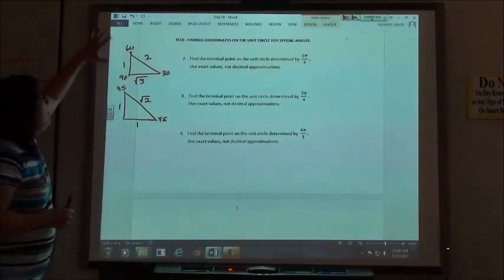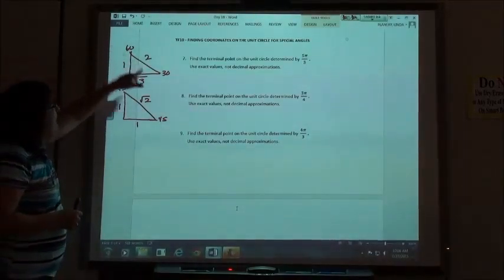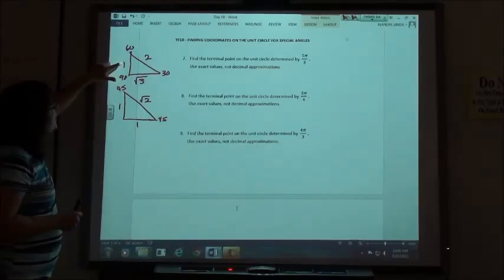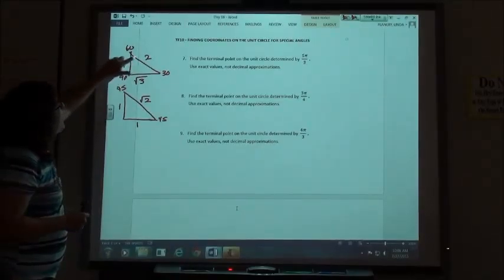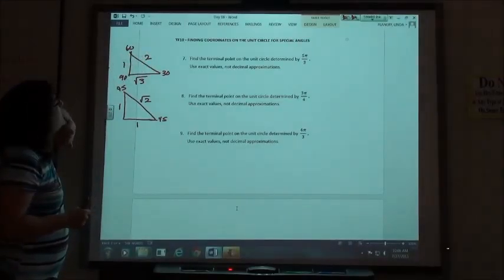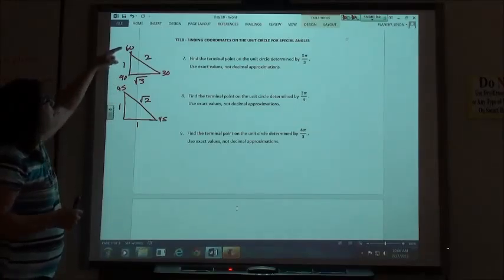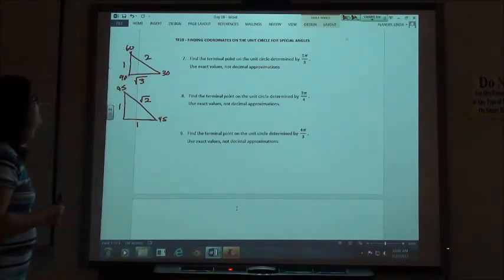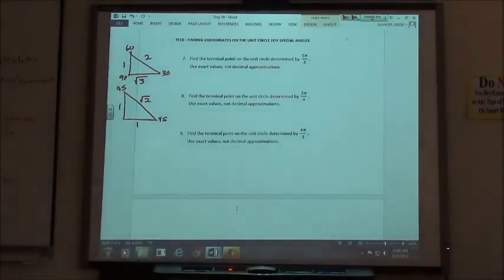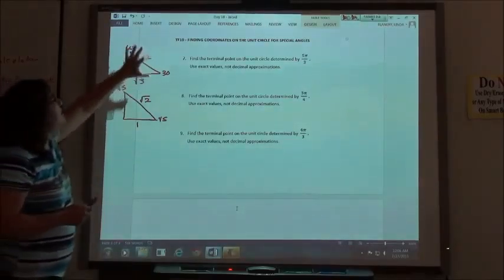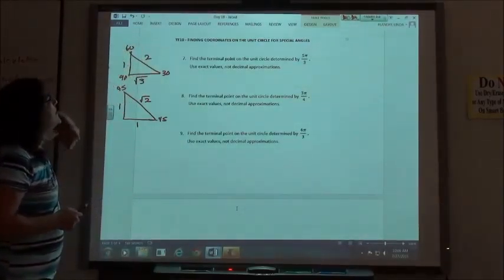So for 30, 60, 90, the side opposite the 30 is going to have a length of 1. The hypotenuse will have a length of 2. Using the Pythagorean theorem, you could figure out that the side opposite the 60 is going to be square root of 3. So those are always the standard that we use for a 30, 60, 90.